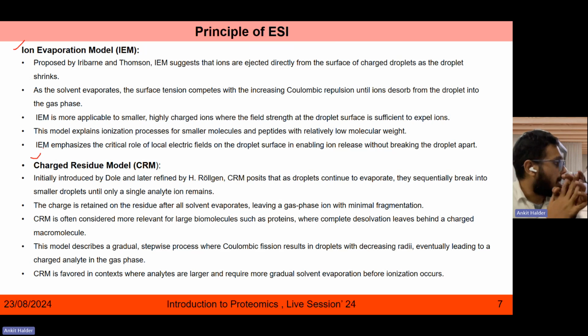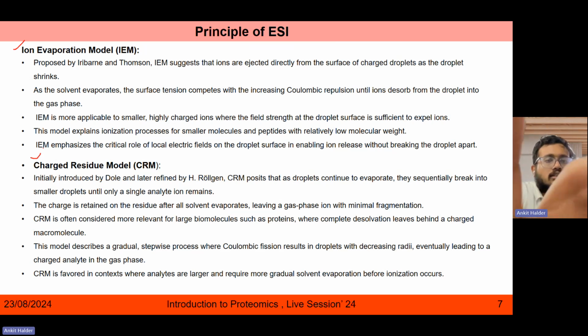So the solvent evaporates, and the surface tension competes with the increasing Coulombic repulsion until ions dissolve from the droplet into your gas phase.